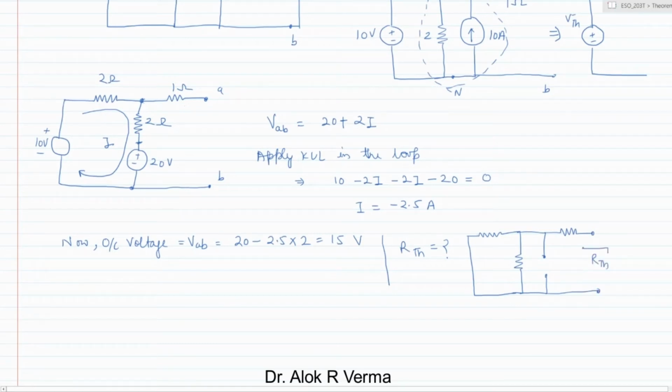this RTH is the Thevenin's equivalent between the terminals A and B. This is 1 ohm, 2 ohm, 2 ohm. In this circuit, clearly you can see these two 2 ohm resistances are in parallel, which is in series with 1.